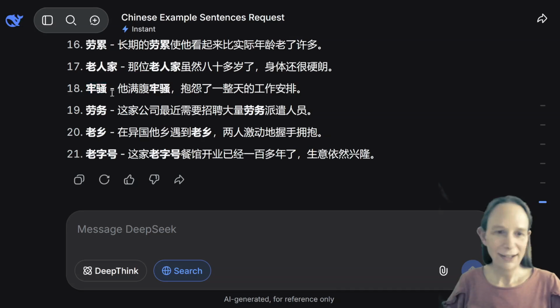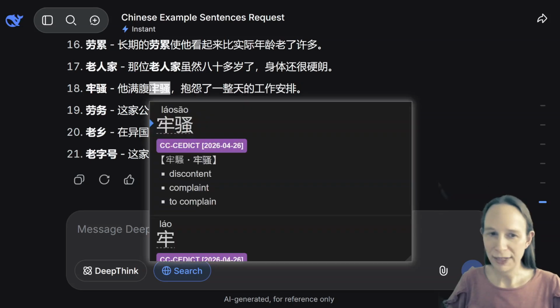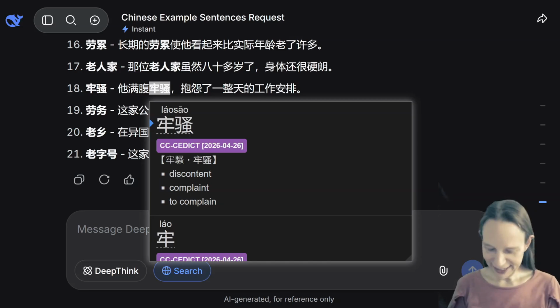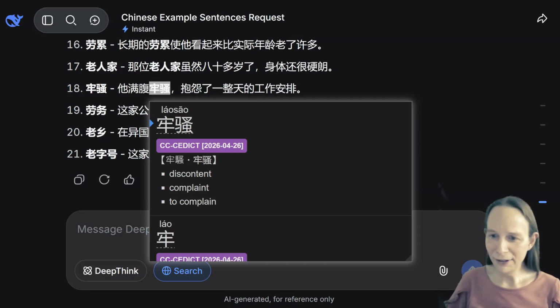I don't know. 他满腹牢骚，抱怨了一整天的工作安排. So it's full of grumbles. Is this grumbles? 牢骚? Discontent. The winter of our discontent. 牢骚. All right, 牢骚. It is a noun. 心中烦闷不满的情绪.